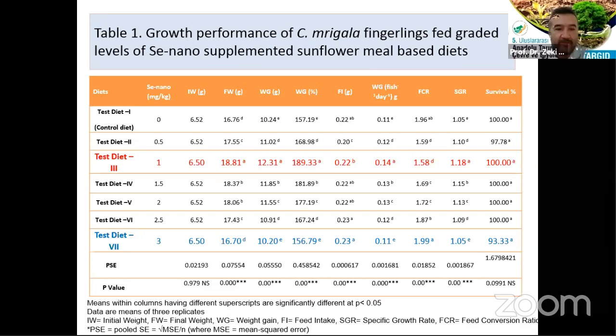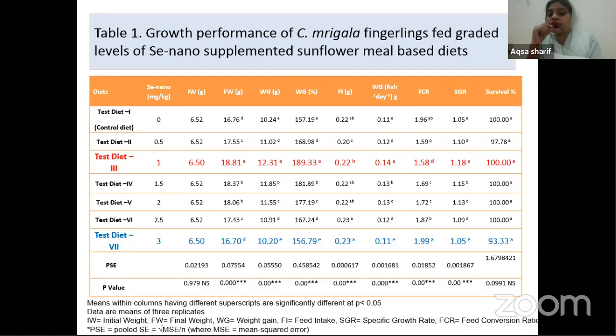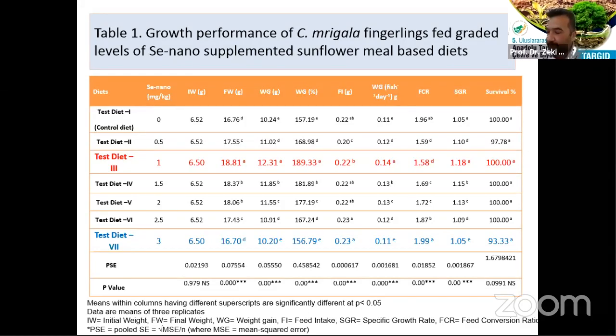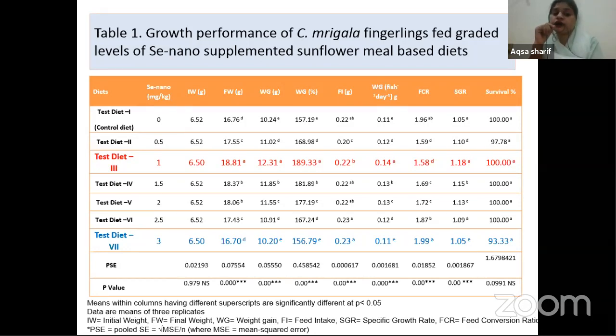So the FCR tells us how much of the fish feed has been utilized by the body. So 1.58 gram of the fish feed was utilized, and the survival rate of the fish was 100%. It means no fish died in the tank having test diet 3.